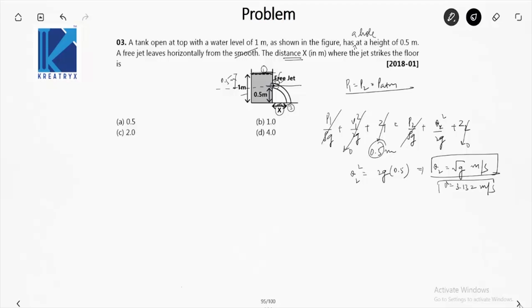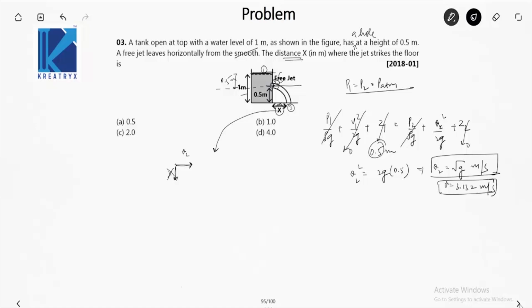Now V2. To find this distance x, see the beauty of this question. The question has been clubbed with kinematics, the equations of kinematics which you have studied in your 11th and 12th classes. Now this V2 is in x direction and there is no component of velocity in y direction.